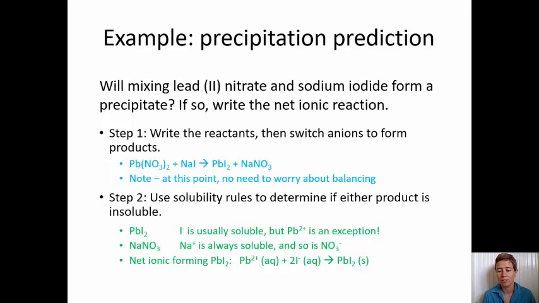You don't want to write out that you're going to form, say, PbI. PbI would be lead 1 iodide. We don't want to do that. So make sure you're using your naming that you already know to write the right things. So that's your net ionic equation, and that's what we want for the final answer.